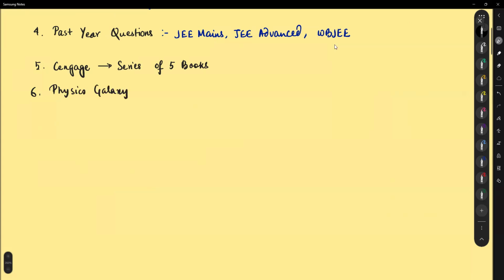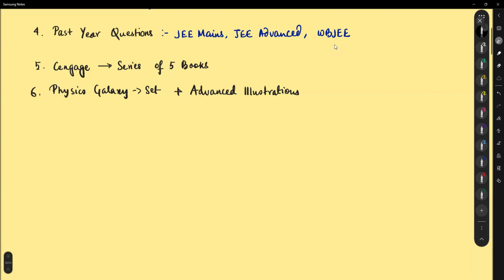It also has a series of 5 books. It is a complete set of books. Plus, you should also follow Physics Galaxy's Advanced Illustrations in Physics. It is also published by the Physics Galaxy publication.